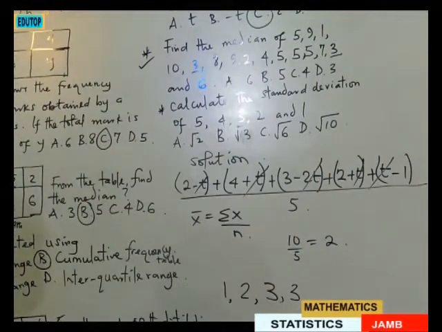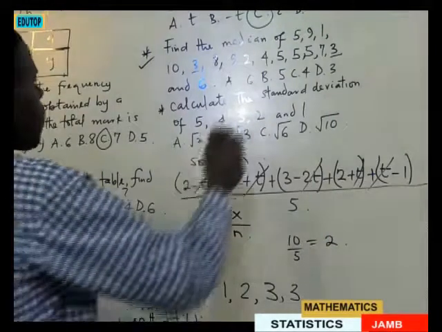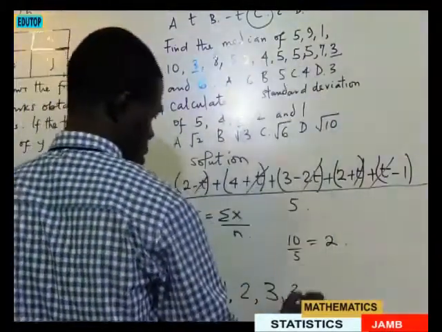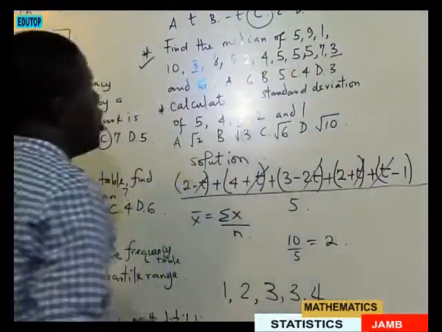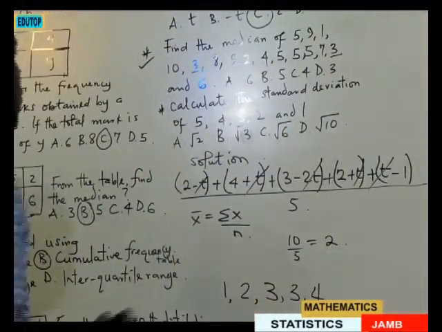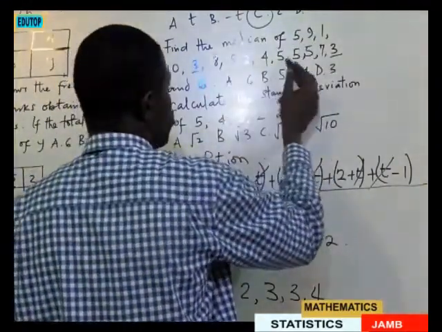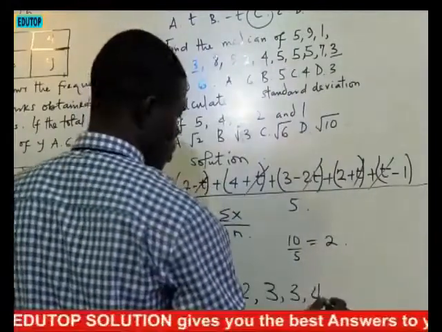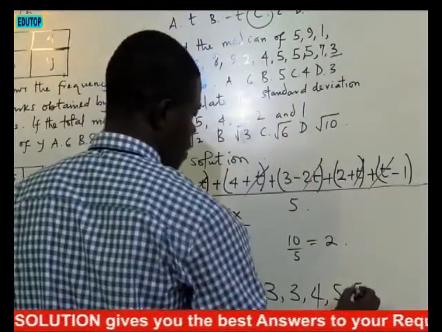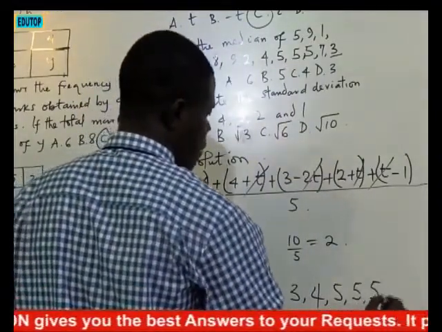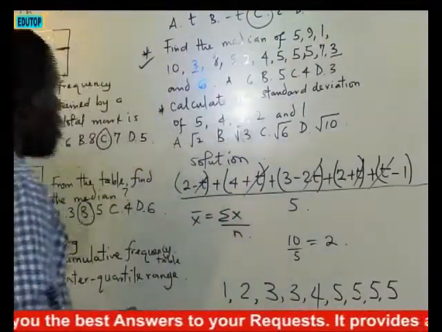How many 4 do we have? We have 1. Then let's move to 5. How many 5 do we have? We have 1, 2, 3, 4. We have 4 of them. So 5, 5, 5, 5.